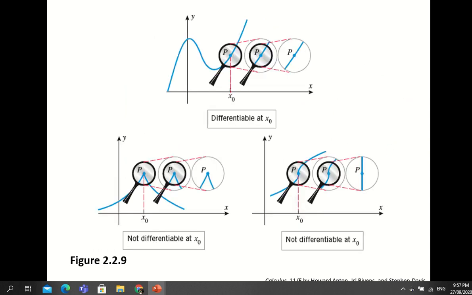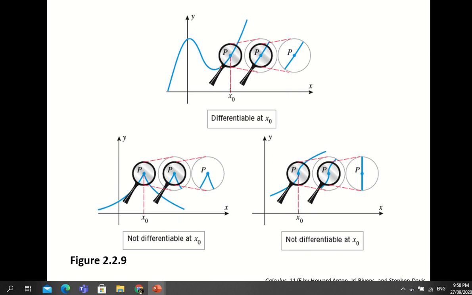Now, talking about differentiable and not differentiable. So this is the scenario class. If you look at this graph and trace it, say you have a point P here, and connecting these two points, we have the secant line. As you move along the graph closer to this point, we have the tangent line. For example, the point is here, so connecting these two points, you have the secant line.